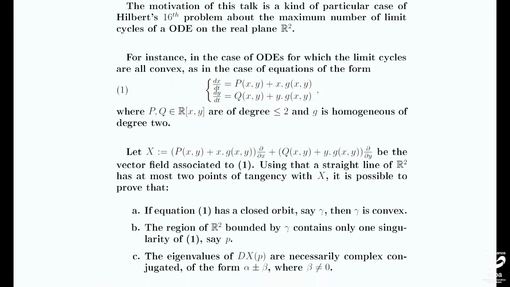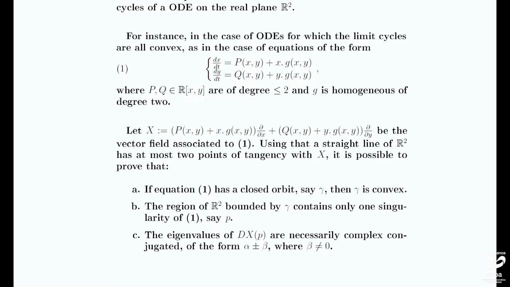Some facts about this vector field: any straight line of the plane, if it's not invariant, then it is tangent to the vector field in 2 points counted with multiplicity.